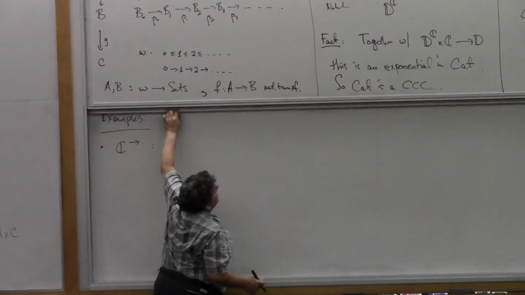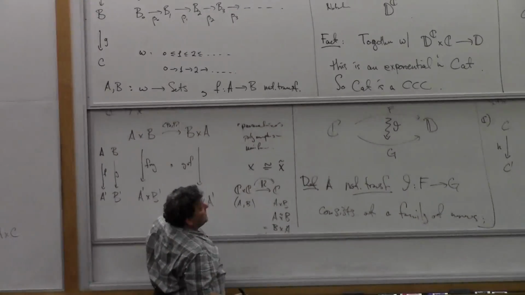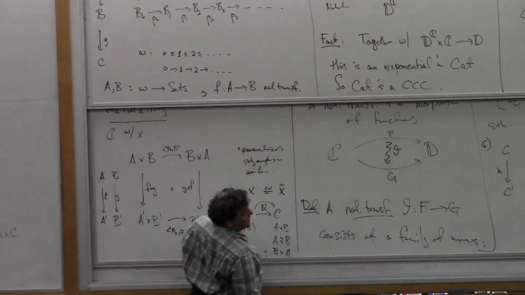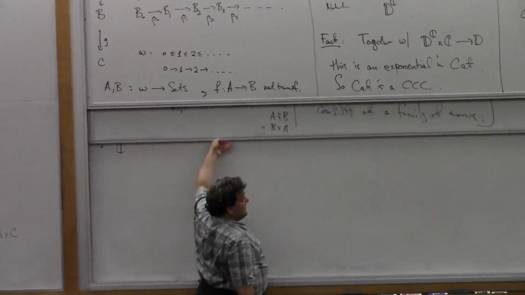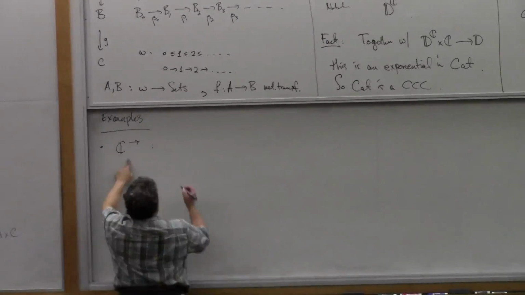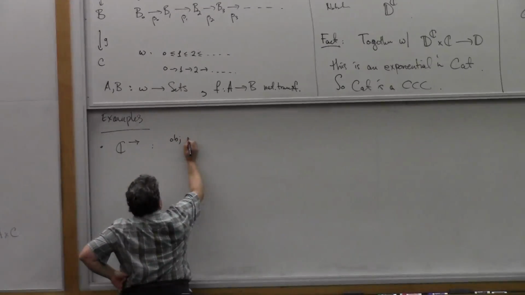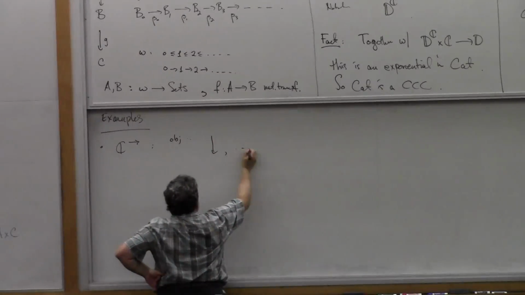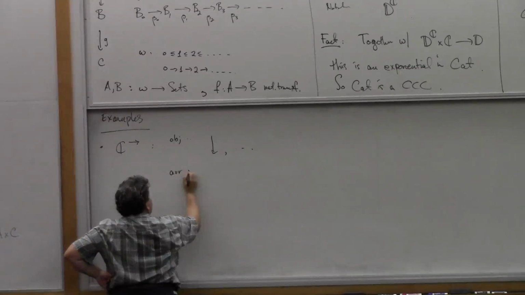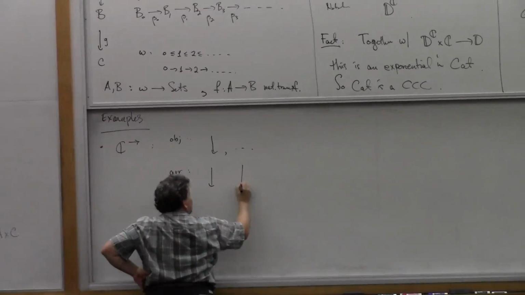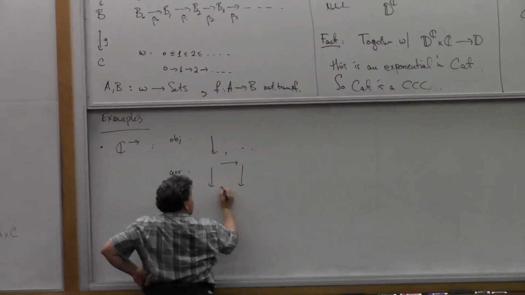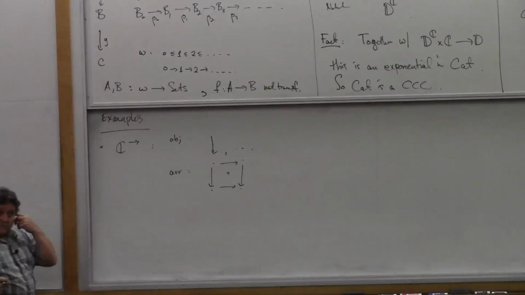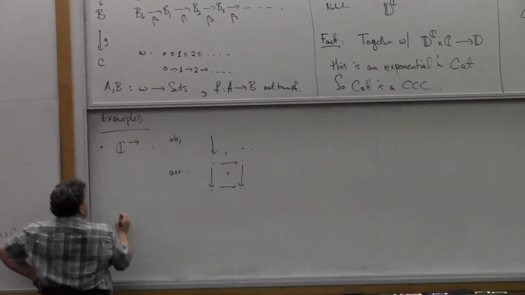The objects of the arrow category are arrows in C, and the arrows in the arrow category between two such objects are commutative squares in C.